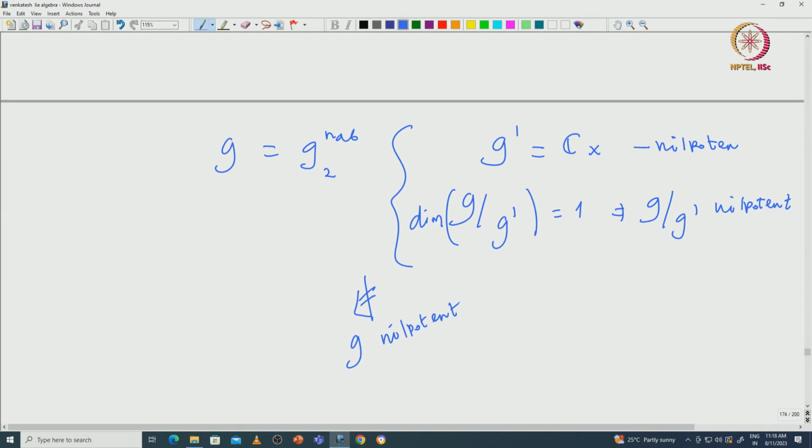So, nilpotent Lie algebras are somewhat restricted classes of Lie algebras. In this sense, the solvable Lie algebras are much more important, because they satisfy this condition: whenever you have an ideal I inside G, if I is solvable and G modulo I is solvable, that would imply G is solvable.